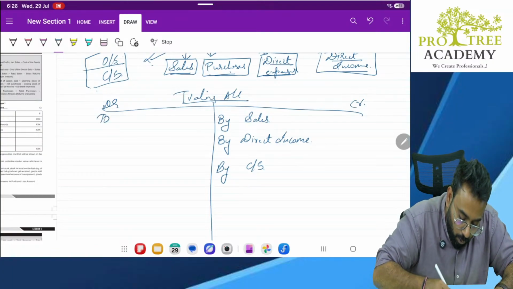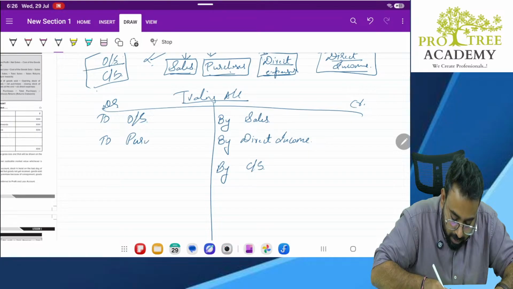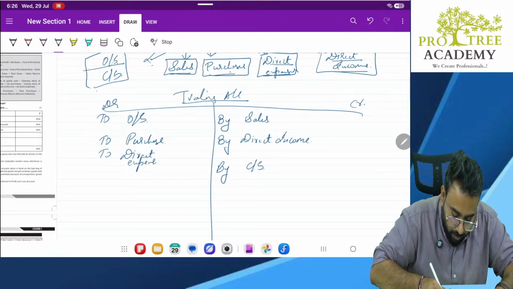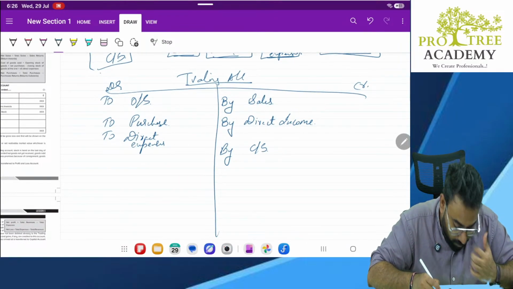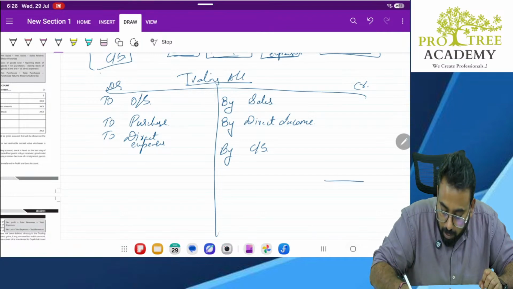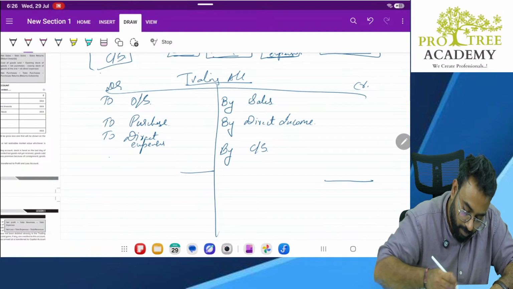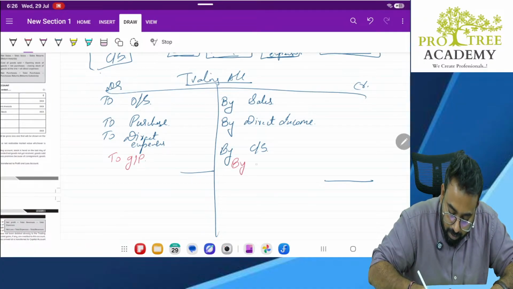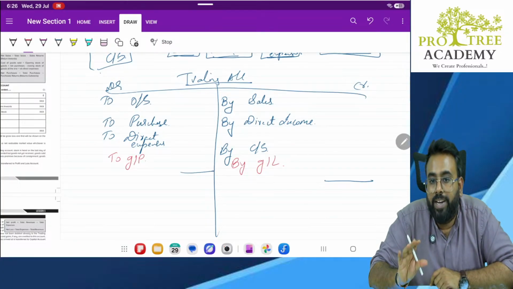Here, to opening stock, to purchases, to direct expenses. Then if your credit balance is more than the debit balance, then it will be to gross profit, by gross loss. This is how your trading account looks.